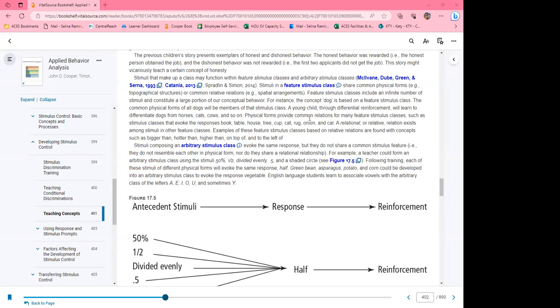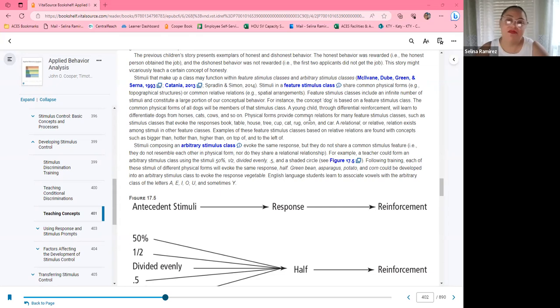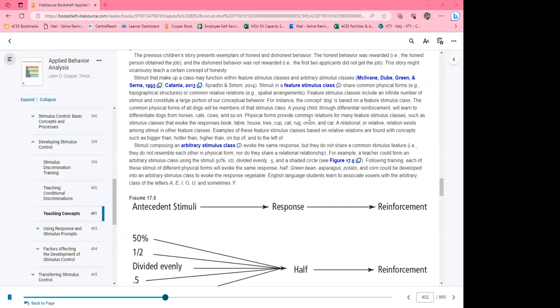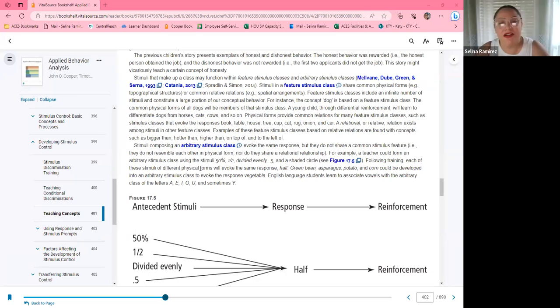Red, white, but they're in a bottle with a cork. Some have a fizzy, bubbly quality, like champagne, almost. But they're all sharing the same common feature of being in that bottle with the cork. So we could maybe put those in a feature stimulus class.